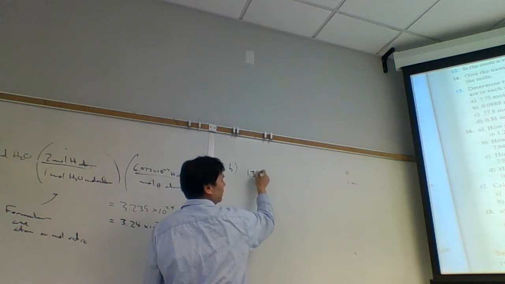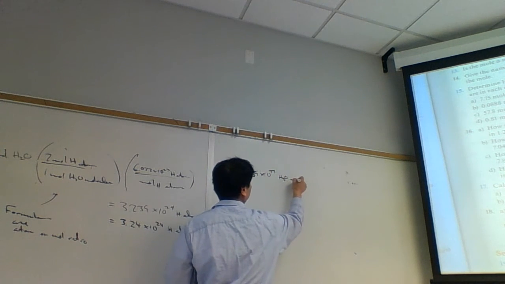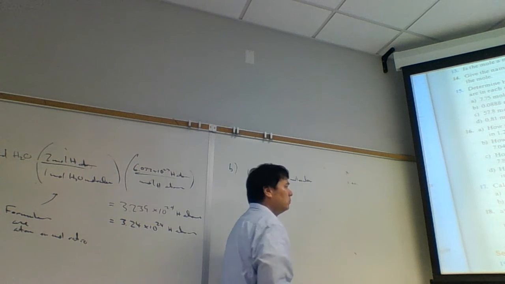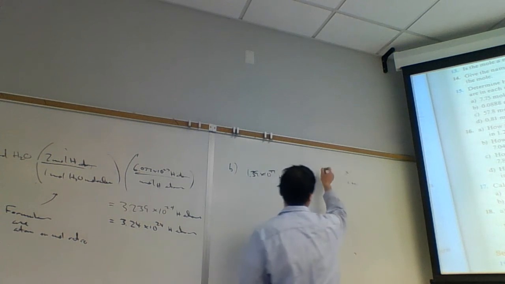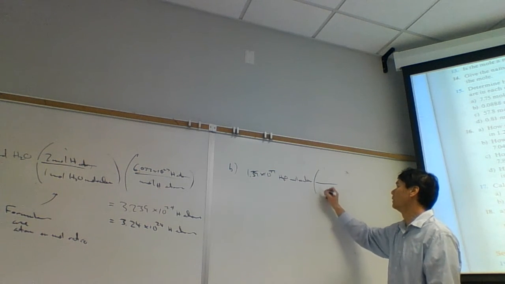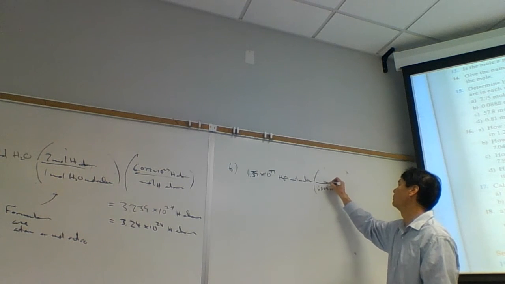So we have 1.39 times 10 to the 22nd H2O molecules. And then we want to go to moles of oxygen. So from H2O molecules, we can easily go to moles of H2O, because there's 6.022 times 10 to the 23rd molecules per mole.